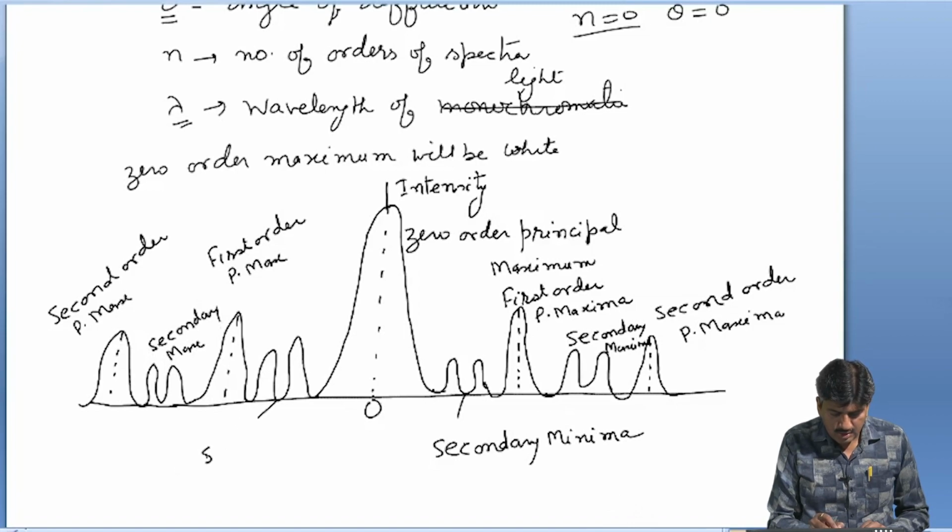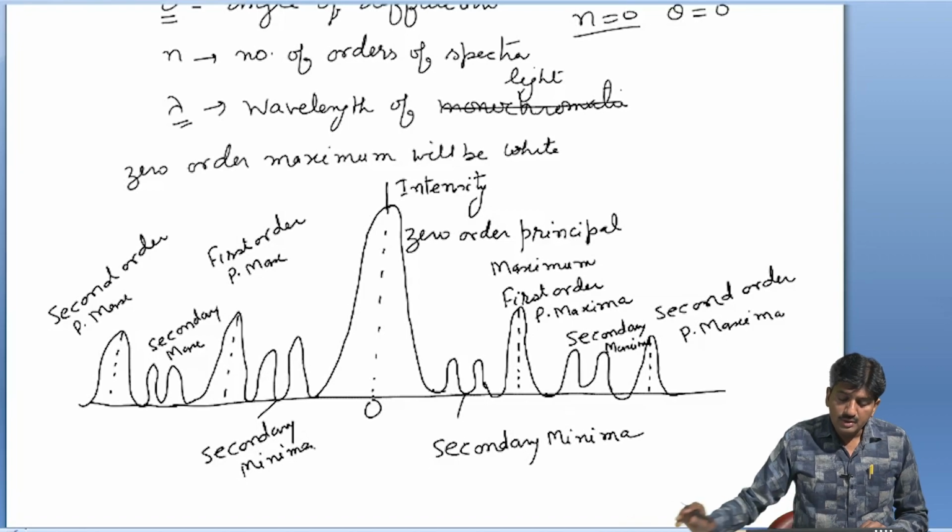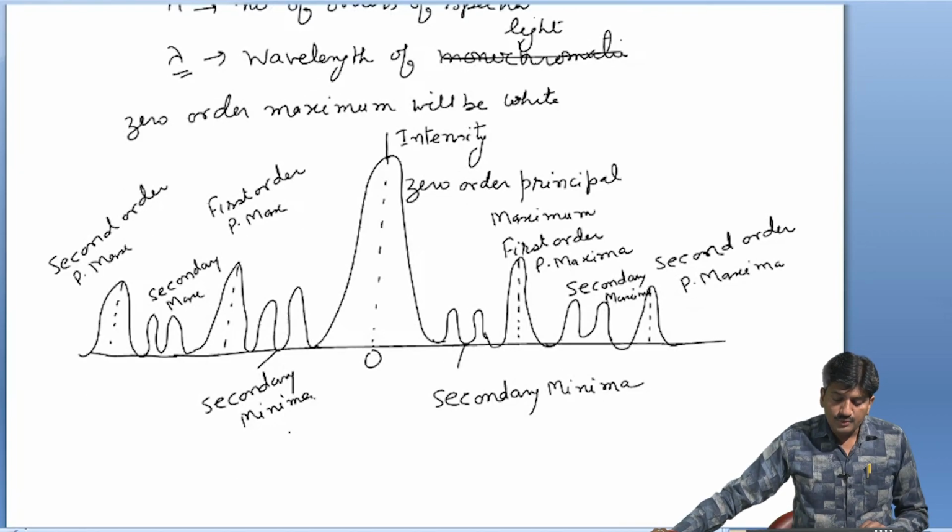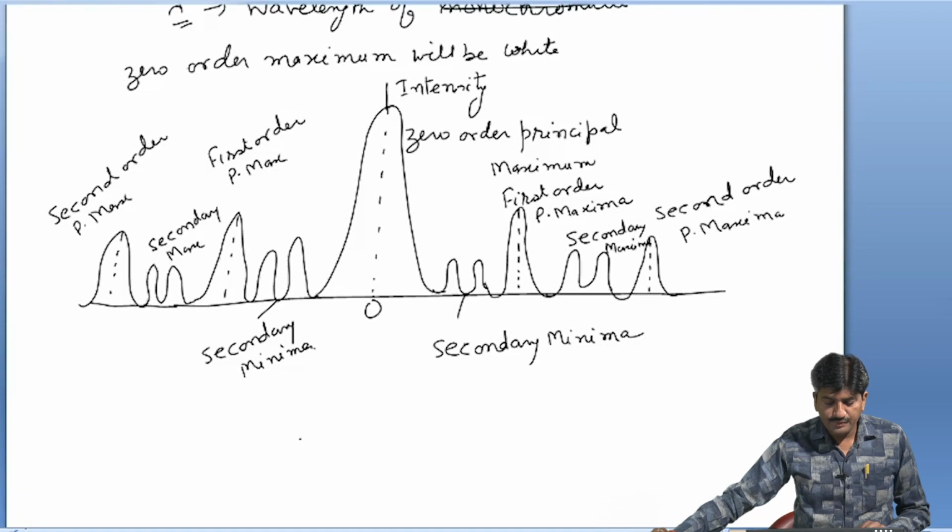And similarly, these are secondary minima. This is the representation of spectra for diffraction grating.